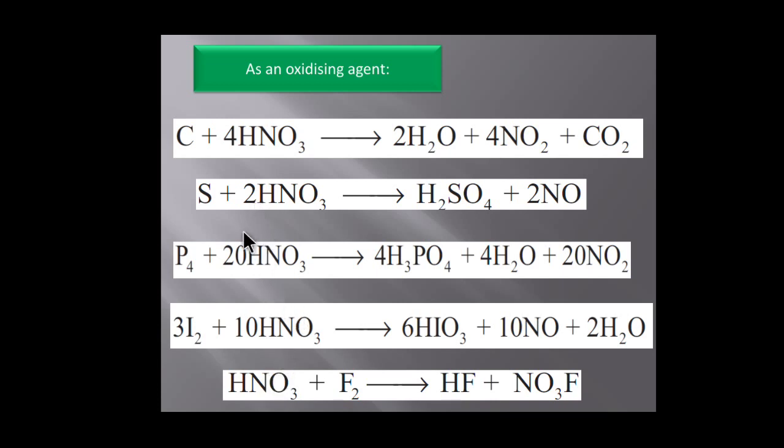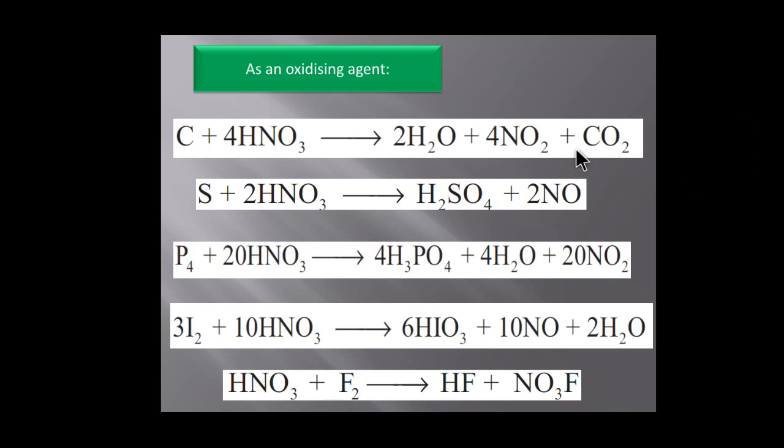These are non-metals like carbon, sulfur, phosphorus, iodine. These are oxidized by nitric acid. First one, carbon reacts with nitric acid and carbon is oxidized. Is it clear?